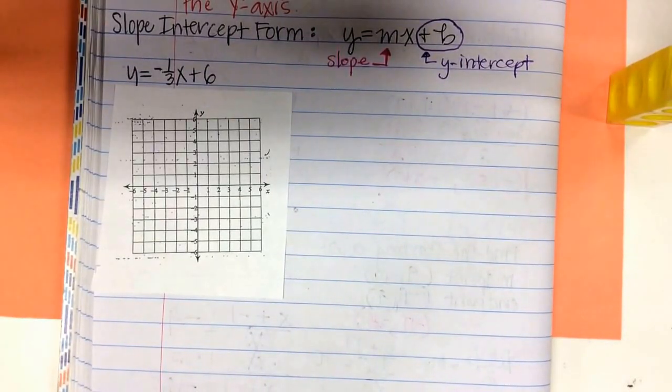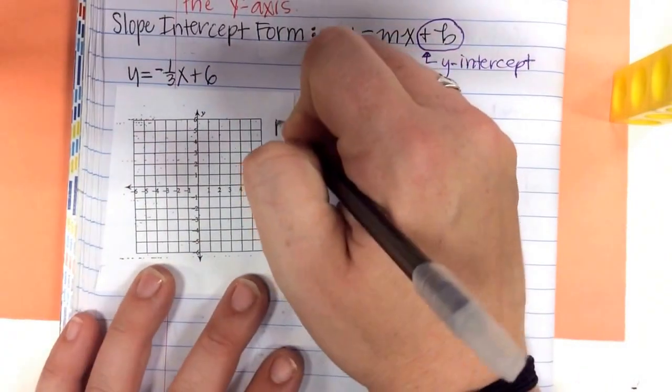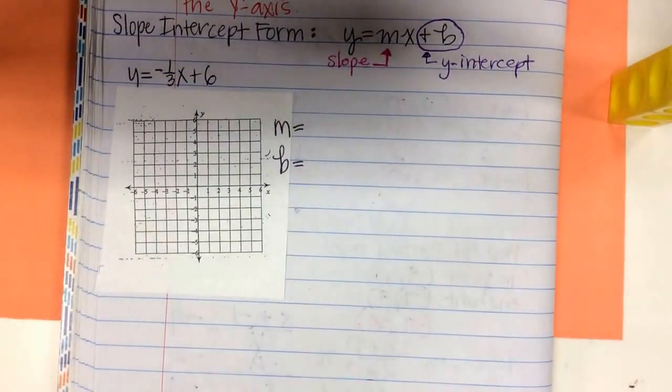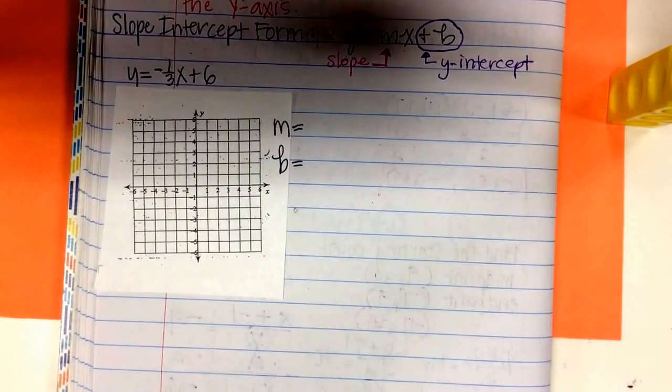So the first thing I need to do is identify the m, and identify the b, the slope and the y-intercept.